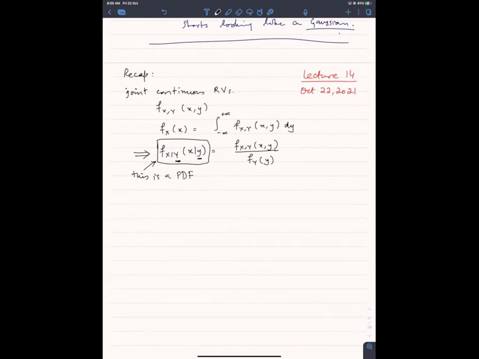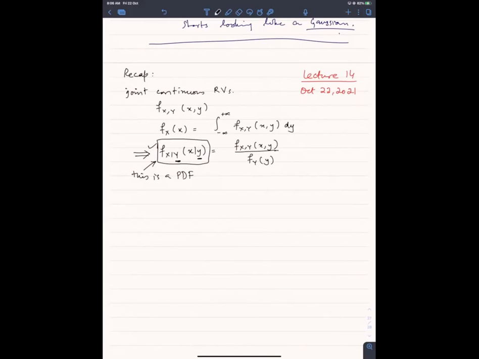So when capital Y takes a value small y, based on that value, you will be able to find this conditional PDF of x or conditional expectation of x. That would be a function of this small y. Depending upon which small y value capital Y takes, you will get different values of PDF, different expected values of x. So the conditionally expected value of x would be dependent upon small y.